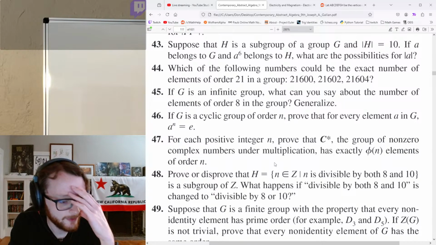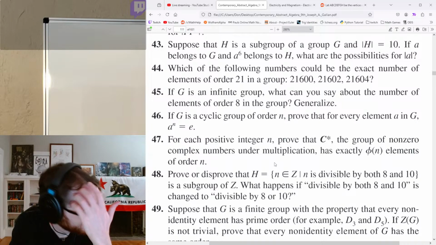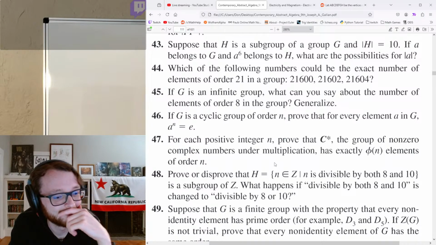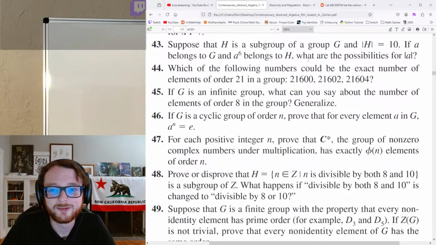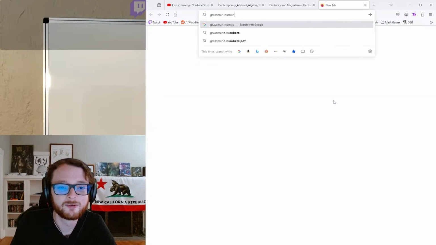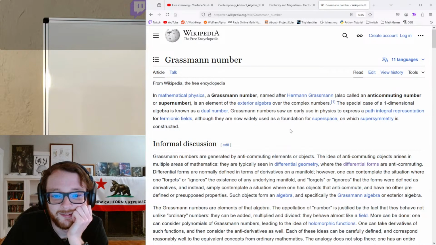So am I back to finding a generator for G? Or for C star? What is a Grassmann number? Grassmann sounds like some super lame superhero. Anti-commuting number or super number?